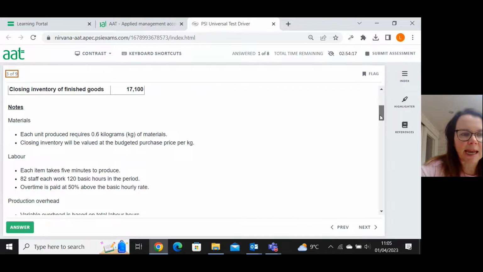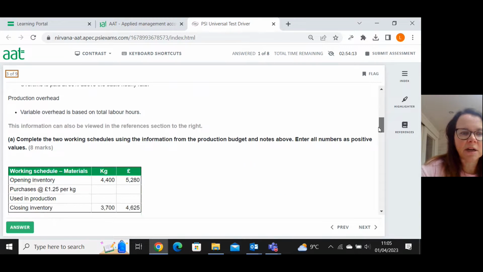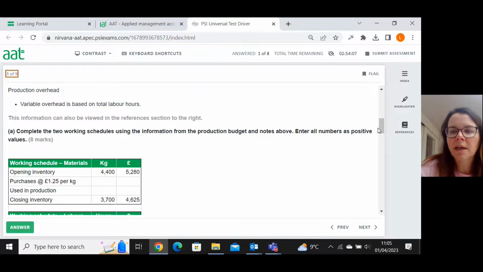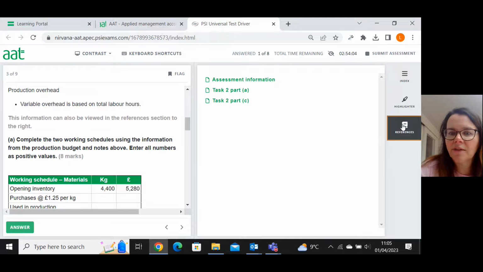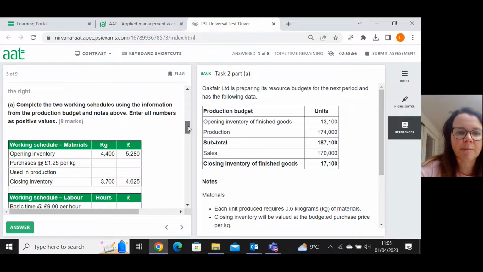We've got some information about labour, production overheads. I'm just skimming through that now. And it says complete the 2 working schedules using the information above. Interestingly, if you click on references here, you can have it side by side, and this will work like this in the real exam as well.